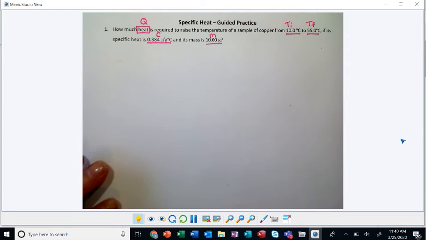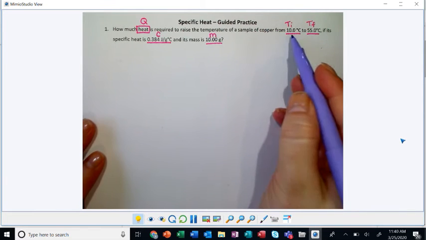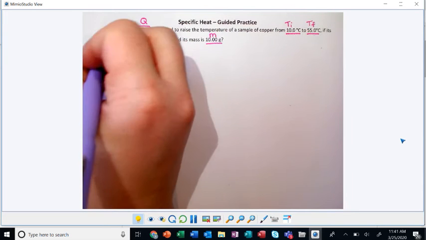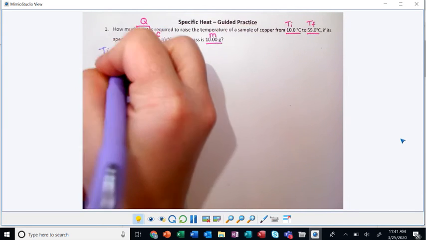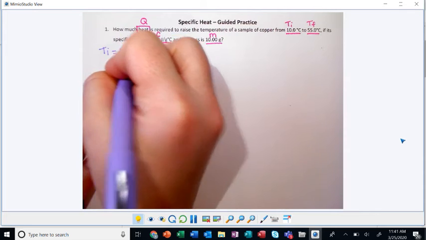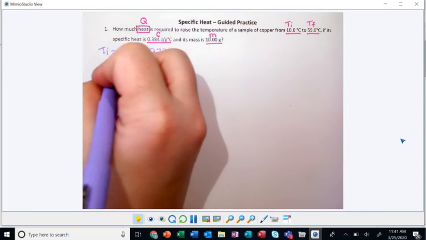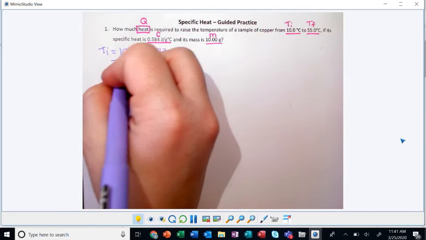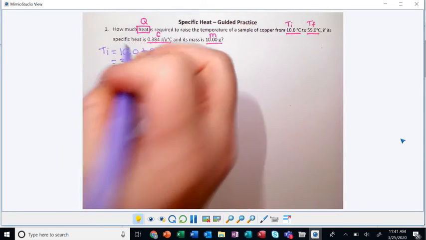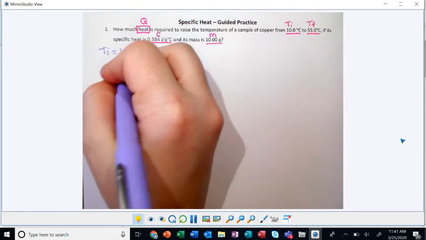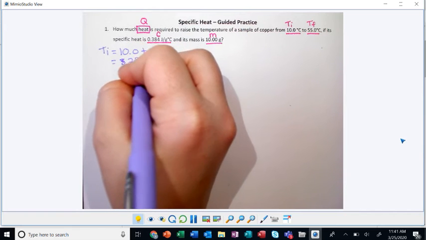So in order to change it into Kelvin, if you remember, we need to go ahead and add 273 to these numbers. So TI is going to equal 10.0 plus 273. That is going to equal, not 283, right?